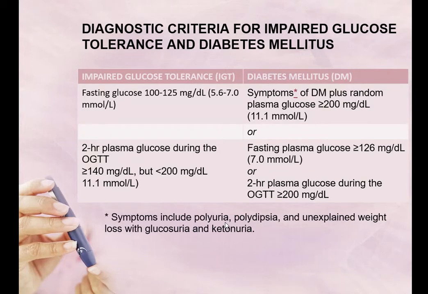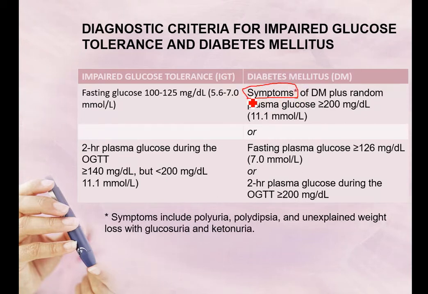And this slide shows the diagnostic criteria for impaired glucose tolerance state and diabetes mellitus. The diagnostic criteria for diabetes mellitus: symptoms, which include polyuria, polydipsia, and unexplained weight loss with glycosuria and ketonuria.